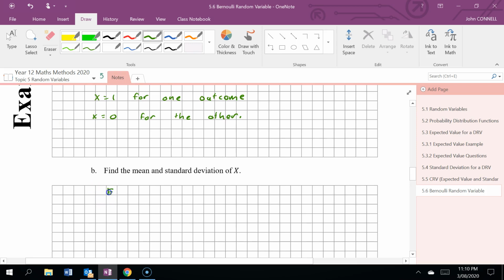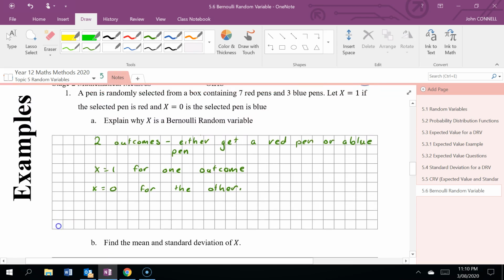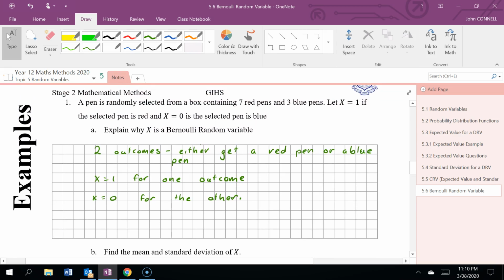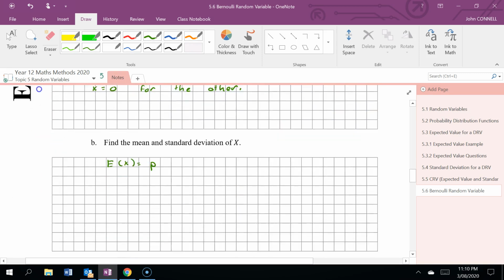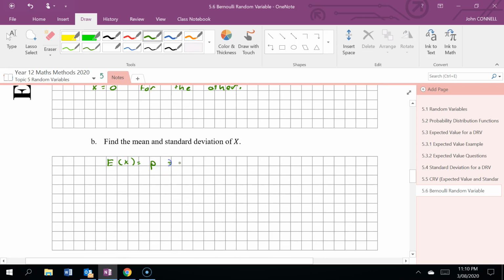The expected value of x is the probability of success, which we call p. Success was getting a red pen. So 7 red pens out of 10 gives our probability of success as 7 over 10, or 0.7. So that's our mean.